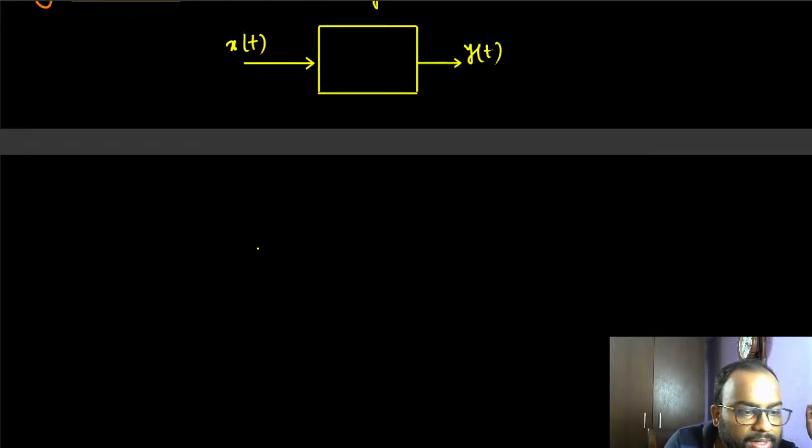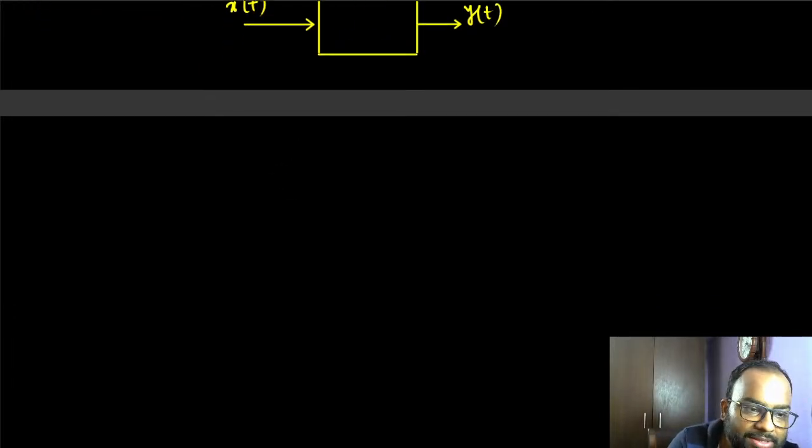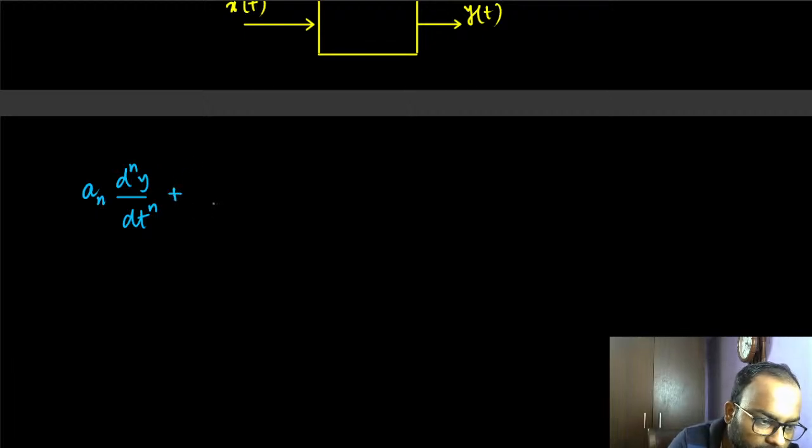Now, let's say the differential equation that is describing this relationship between the output and the input, which is again called the differential equation based mathematical model of the system, is expressed like this. The nth derivative of y with respect to t. Again, I'm not writing y(t), it has to be assumed that this is a function of t.